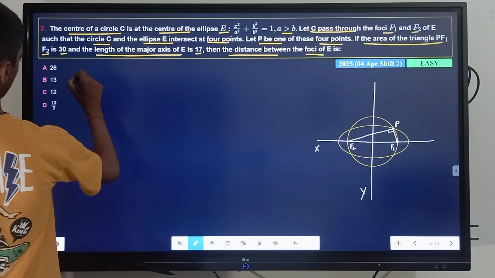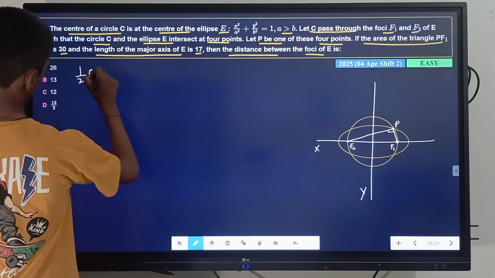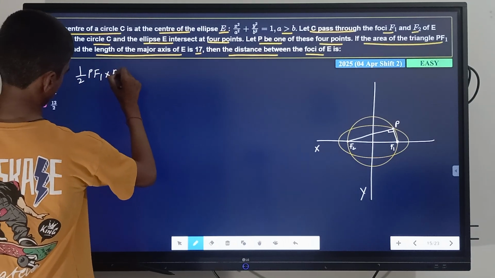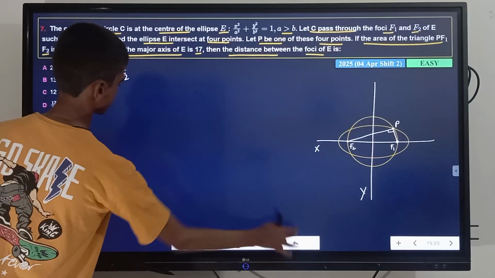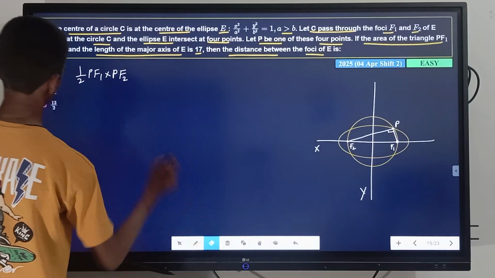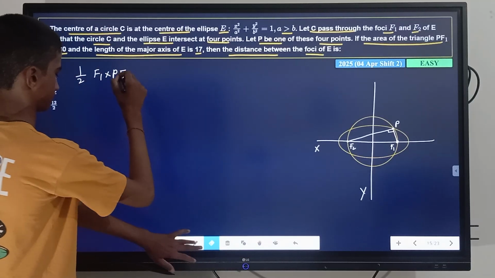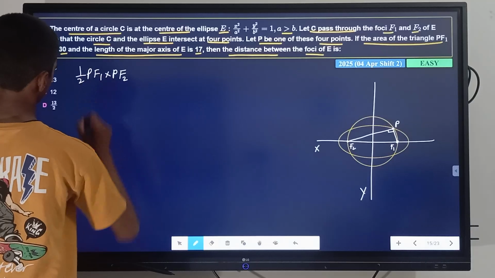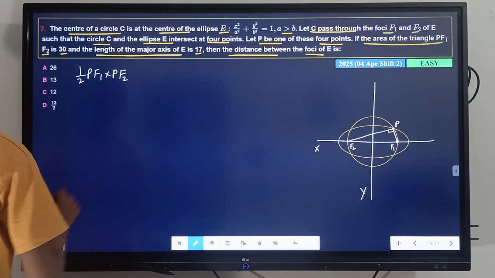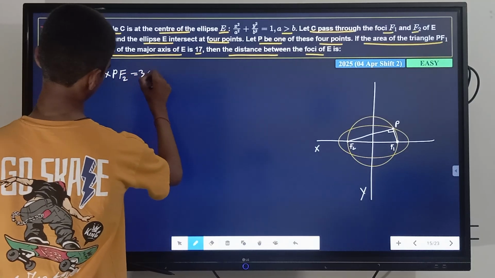So from here we will get 1 upon 2 times PF1 into PF2 is equal to 30.